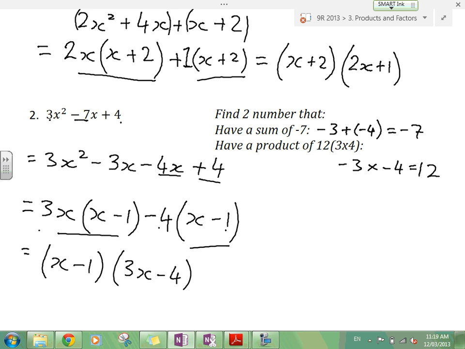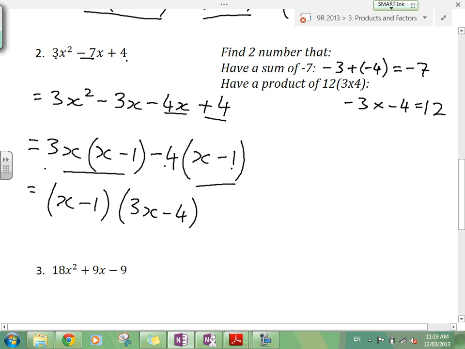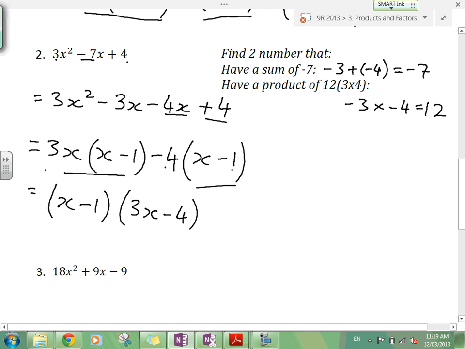Okay, I'm going to do 2 more examples. I'll try to do a bit quicker. Right, this is the last of our factorizing techniques. Everything after this in this topic is applying all the different ways of factorizing to simplify expressions.